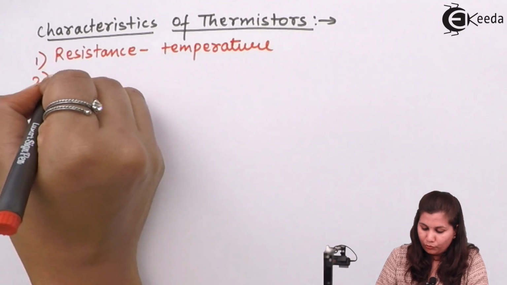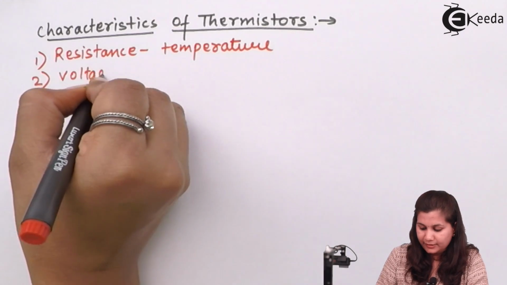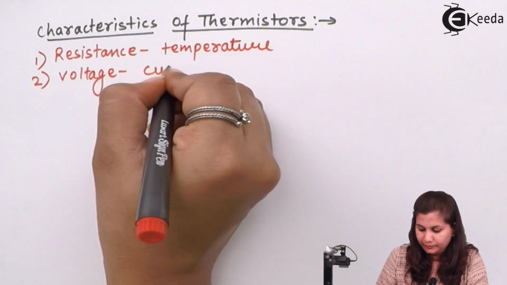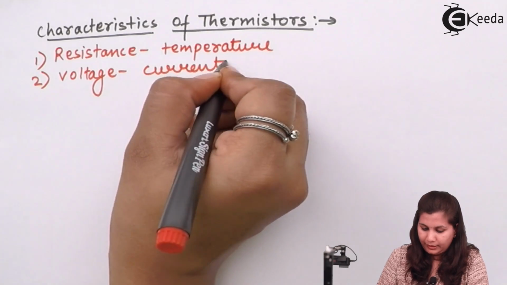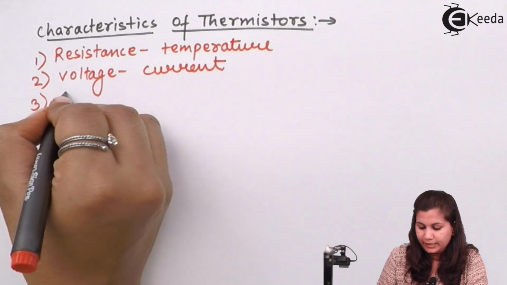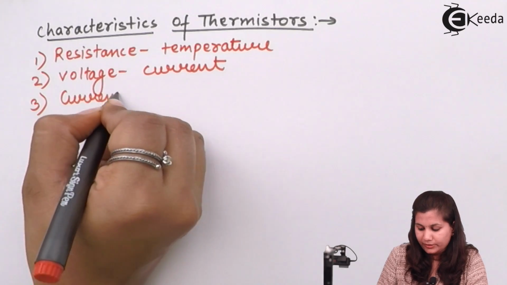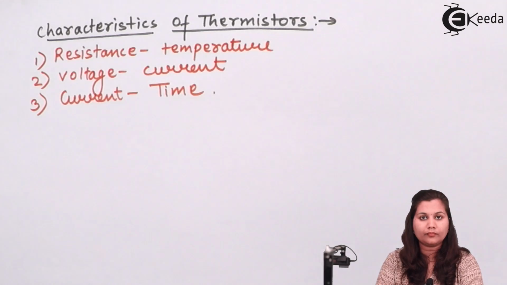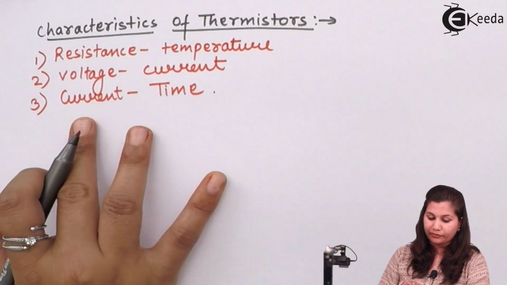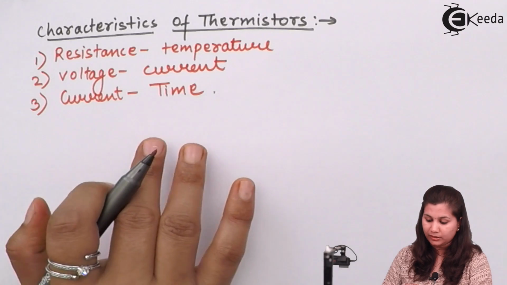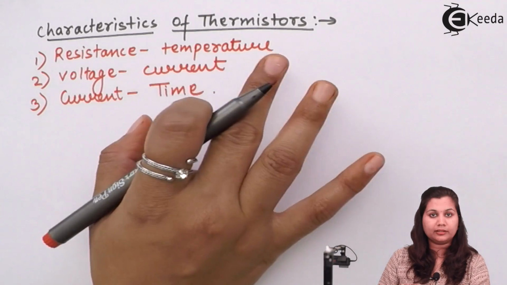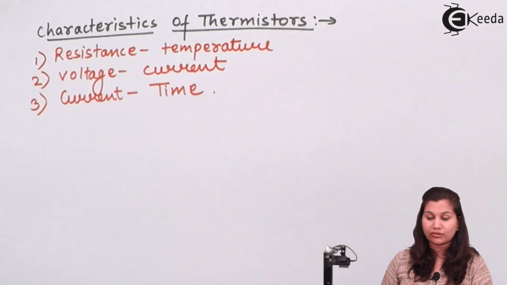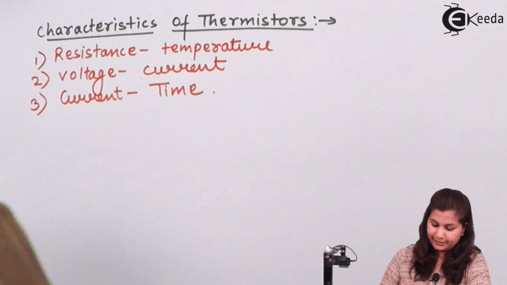Second is the voltage current characteristic. And third is the current and time characteristic. Let us first study the first type, the resistance temperature characteristic.